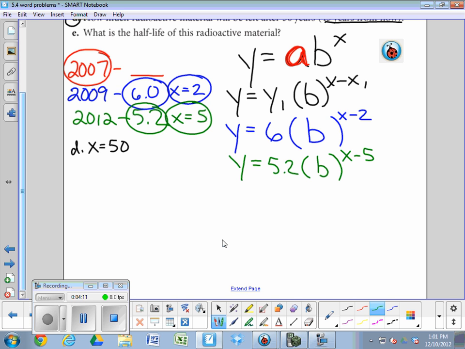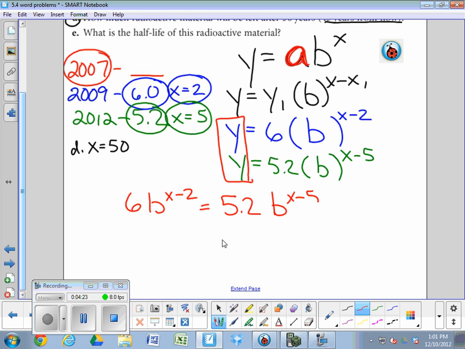So what we do next is we say, well, both of these equations equal y, so we're going to make them equal each other. If 2 equations equal the same thing, you can make them equal each other. That's one of the common properties that we use all throughout math. At this point, you can decide, would you rather divide both sides by 6 or divide both sides by 5.2?